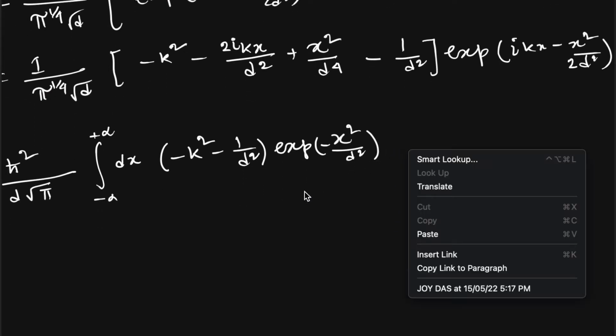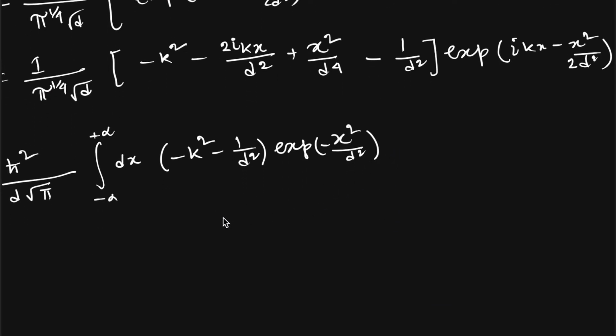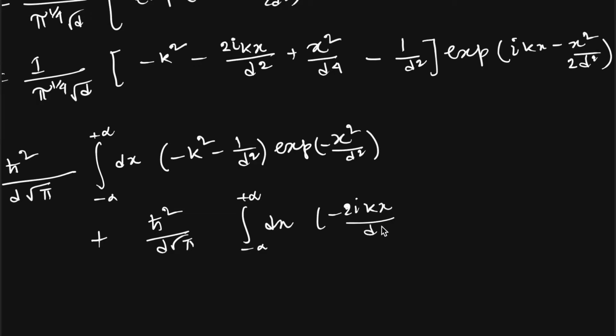And there is another term, plus h cut square by d root pi, integral from minus infinity to plus infinity dx, minus 2i kx by d square, exponential minus x square by d square.